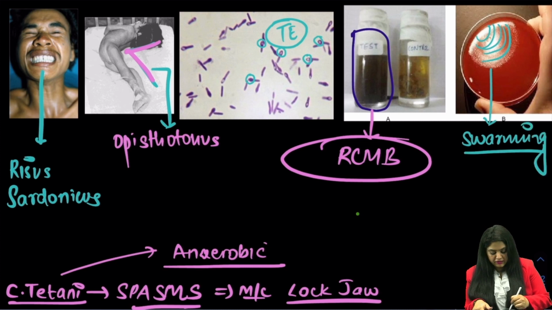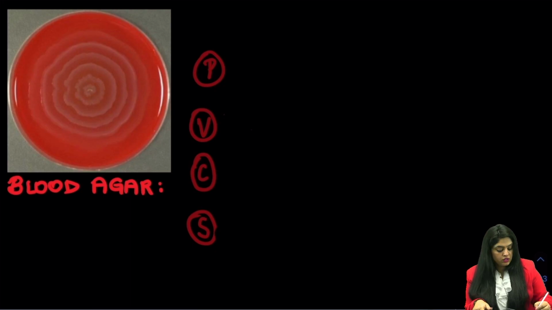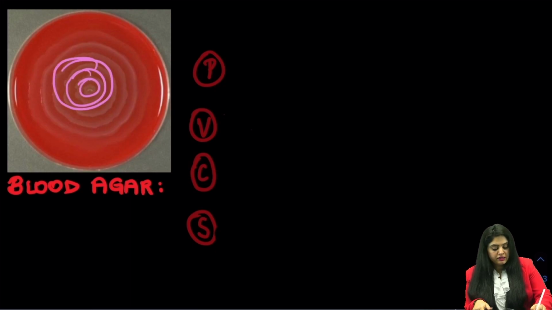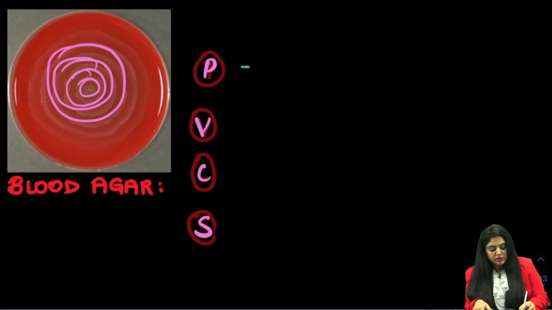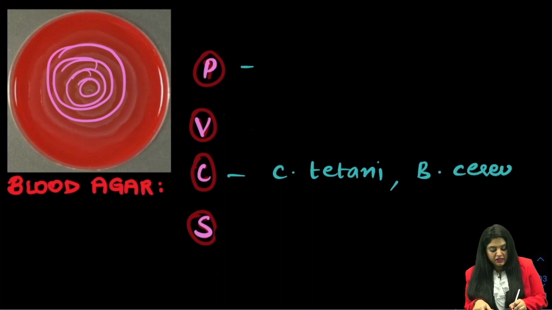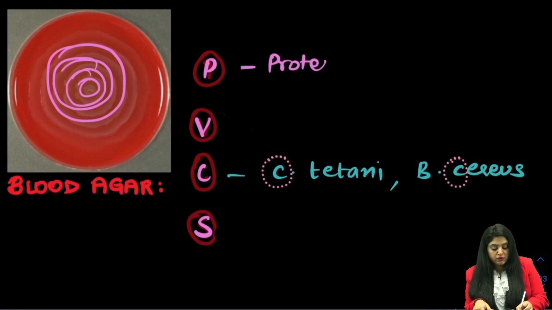So where else in microbiology do you see the famous swarming motility? Quickly, let us make a quick revision. Swarming means these concentric rounds and rounds, and that is seen with PVCs. PVCs means what? The C I have already told you, Clostridium tetani. In fact, one Bacillus, the C one, can also show you, that is Bacillus cereus. These are the two. But the main organism which actually shows you is going to be Proteus.